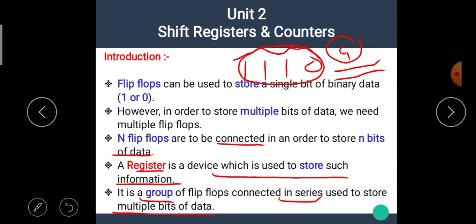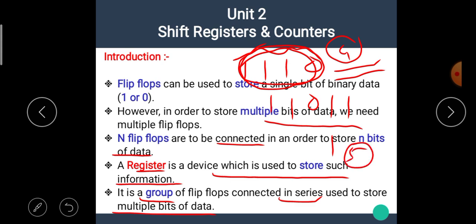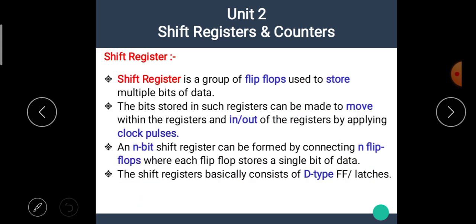For n-bit data, we require n flip-flops. For 5-bit data, that means 1 1 0 1 1, there are 5 bits, hence we require 5 flip-flops. I hope you all understand.